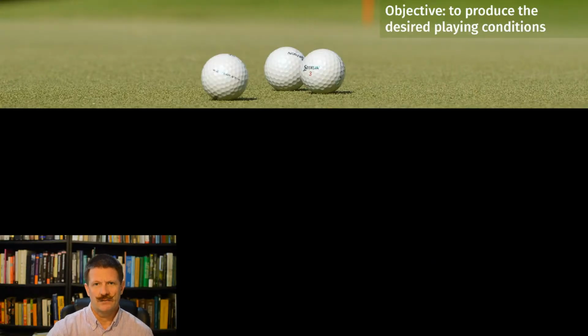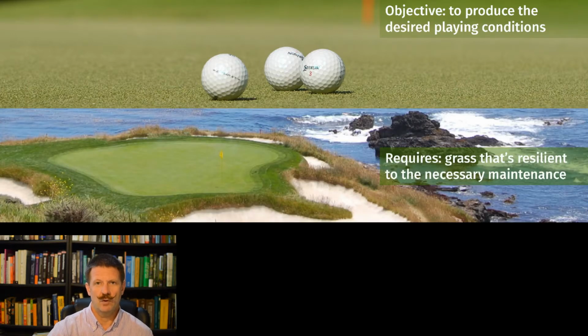the desired conditions. Our objective is to have the type of conditions that are appropriate for our facility for a certain time of year. In order to achieve that objective, we need to have grass that is resilient enough to the maintenance that's required, the type of mowing and rolling and restriction of growth perhaps that is necessary in order to produce the desired condition.